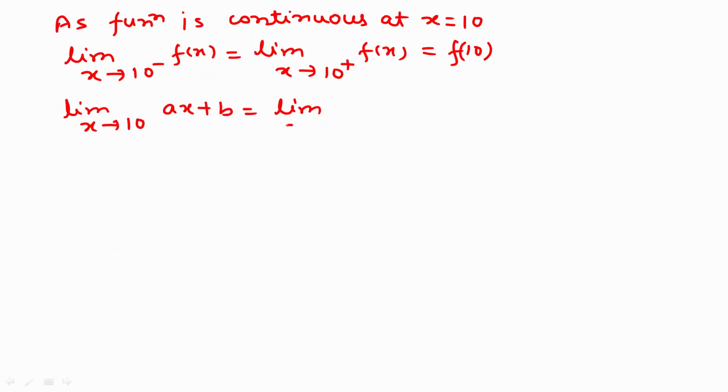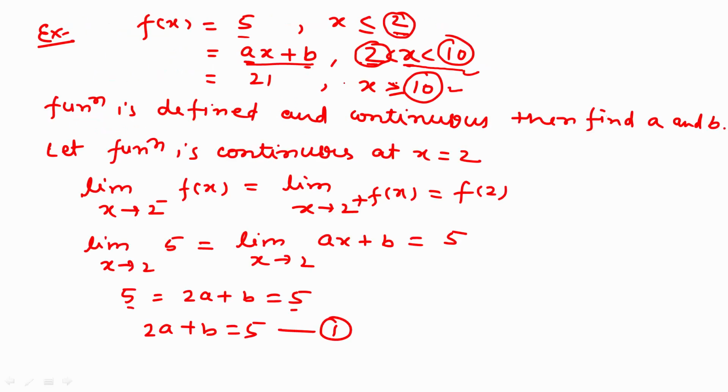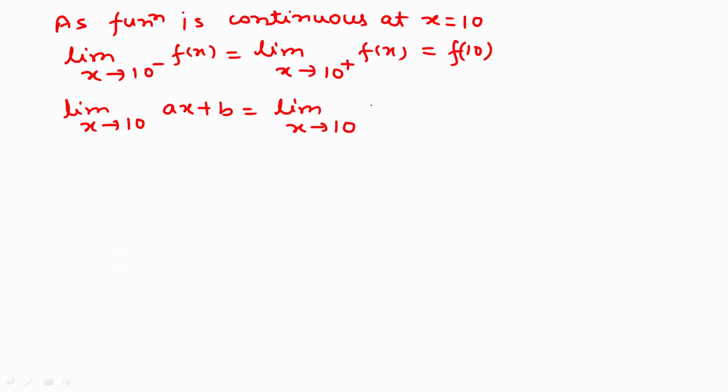And limit x tends to 10 plus f(x). 10 plus indicates that the value of x is greater than 10. When the value of x is greater than 10, we will take this function, means 21, is equal to, and f(10) means again x is equal to 10.